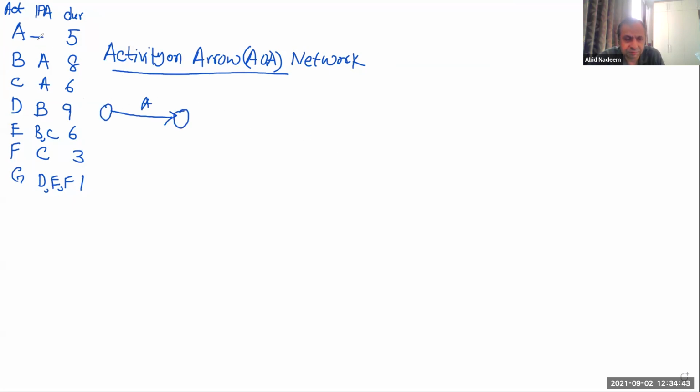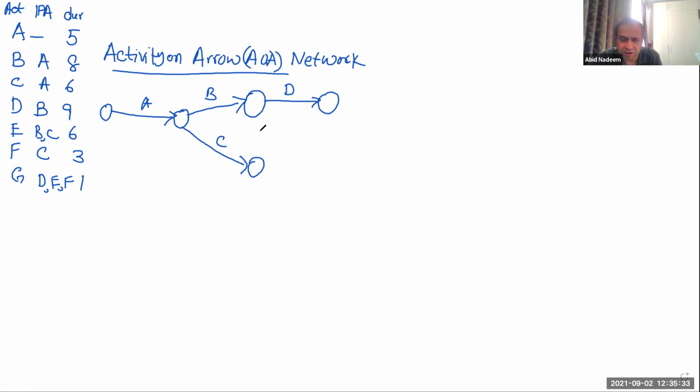Activity A, and then there will be activity B, and then activity C. Here you can see we are maintaining the logic: B has a preceding activity A, A has no preceding activity, and C has a preceding activity A. Next we have activity D, which has a preceding activity B. Up to now we are maintaining the logic.